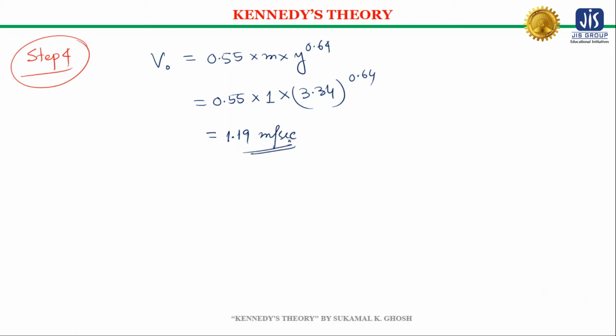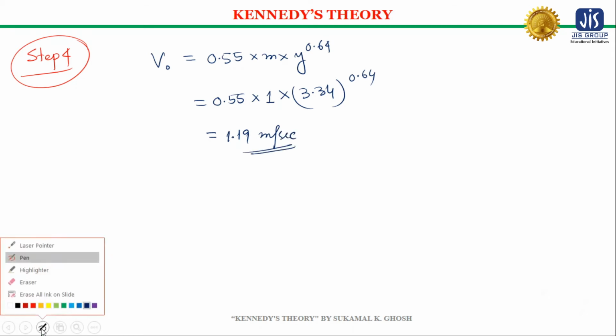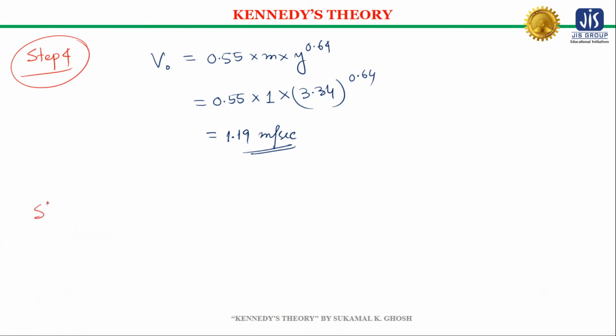Now what was our step 5? Our step 5 was to calculate the weighted perimeter and the hydraulic mean radius using the weighted perimeter value. We have derived the equation for the weighted perimeter in our previous problem.